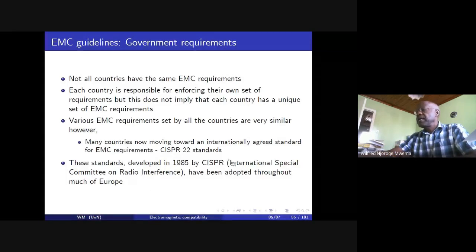The CISPR is a committee that has been set up by the ITU, or the International Telephone Union. Most of these standards have been adopted by the European Union. But what I need to say at the onset, the CISPR and IEC have a working relationship, and therefore most of the standards are now going to be merged together with the IEC standard.